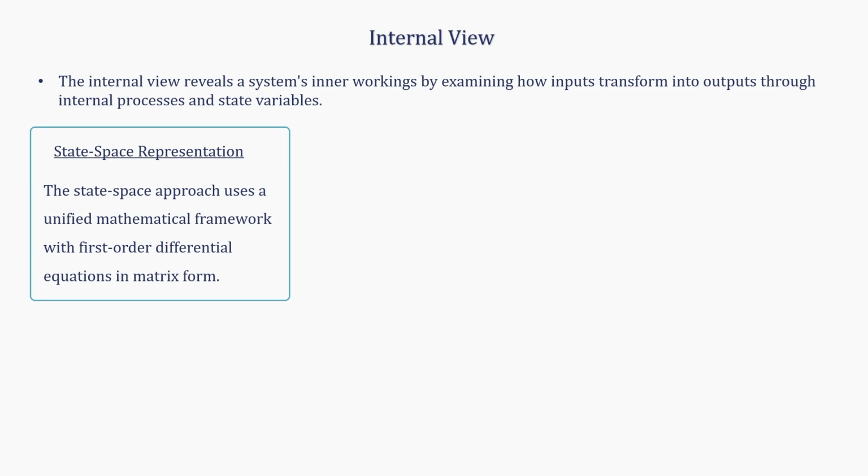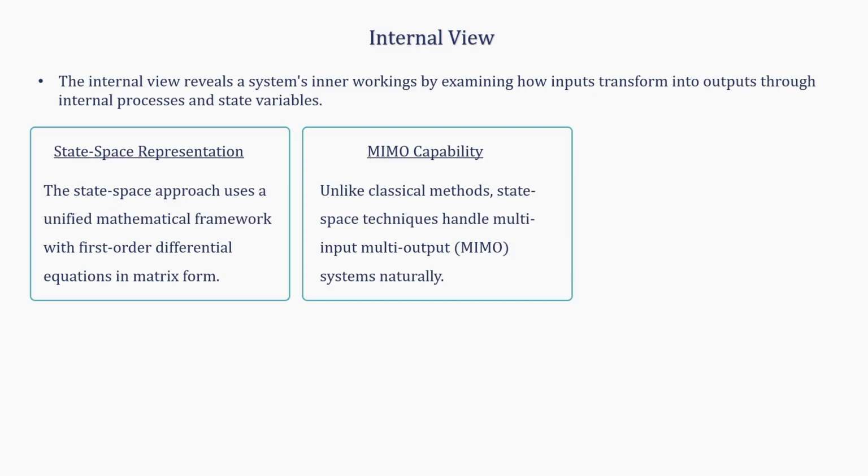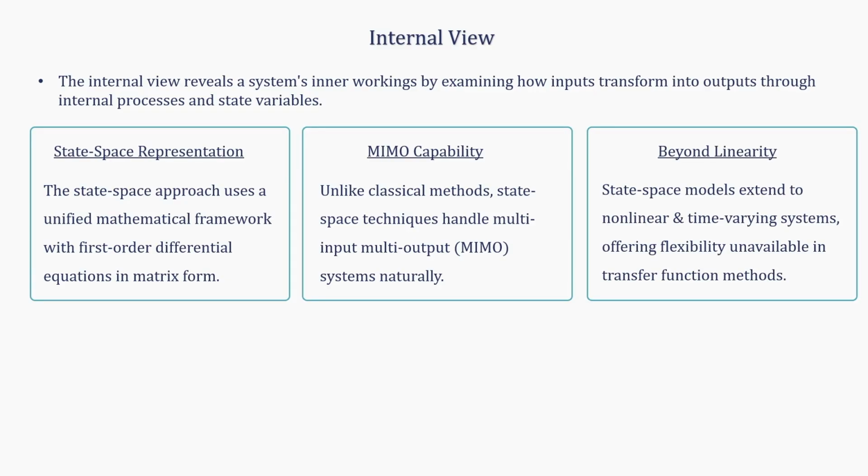These are first order differential equations using matrices. The good thing about this approach is that it is easily extendable to MIMO systems, multi input multi output systems, and it can also be extended to nonlinear and time varying systems. So, there is a lot of flexibility in this approach.